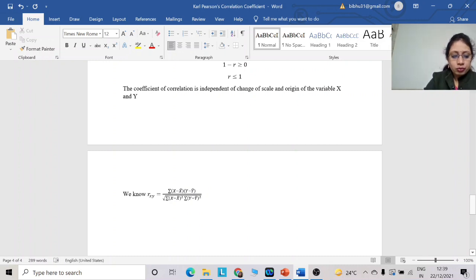Now from the variables x and y, we have to subtract a and b, and then we have to also divide by two more constants, h and k.